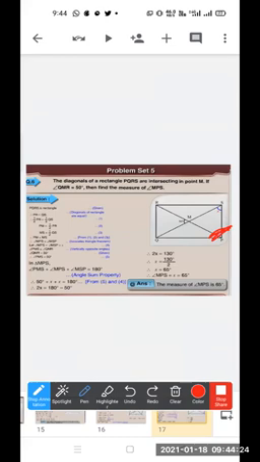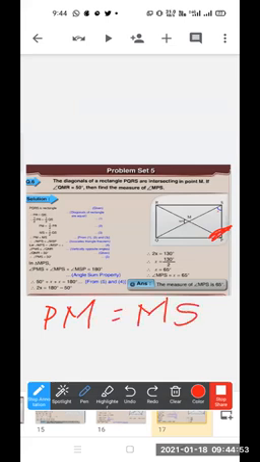So PR is equal to QS. Half of PR is PM and half of QS is MS. From that we get PM is equal to MS.